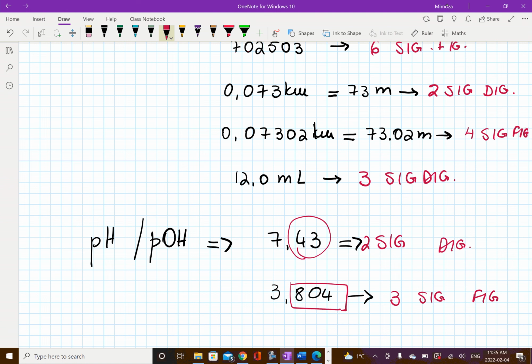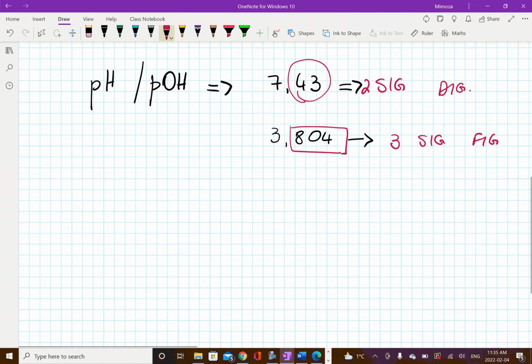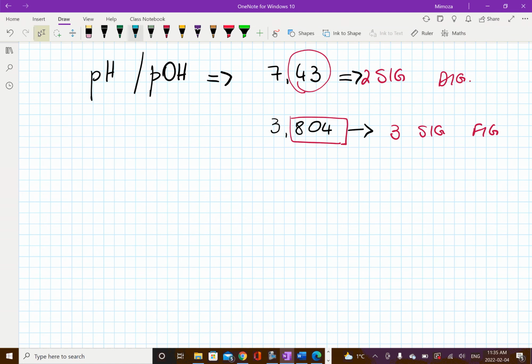Now let's see how we can determine the final answer correct to the significant digits when we are adding and subtracting. The rule for adding and subtracting is that we write the final answer to the lowest number of digits after the decimal point.